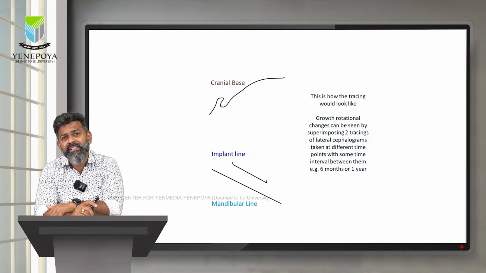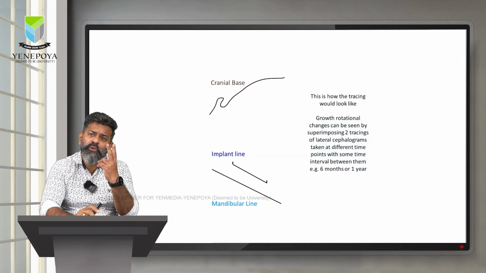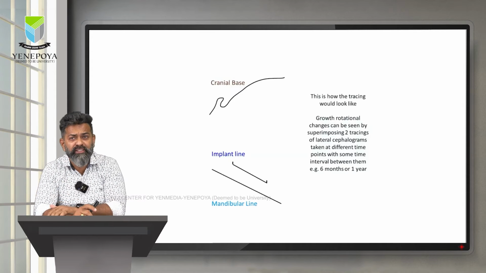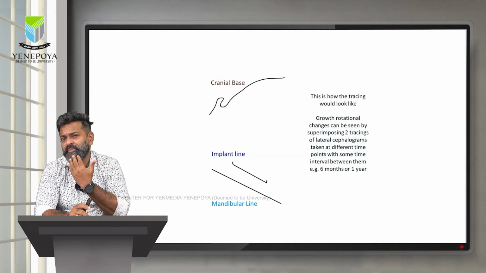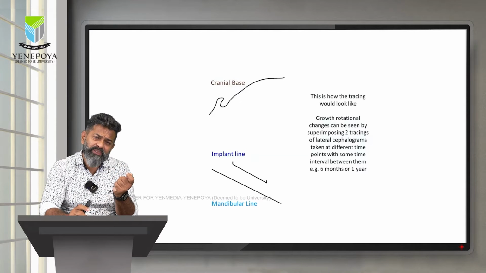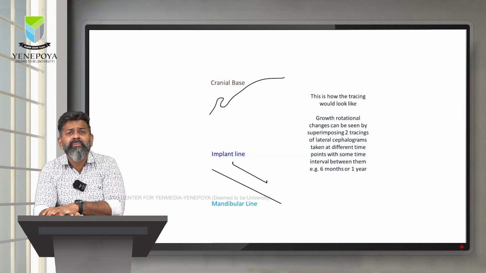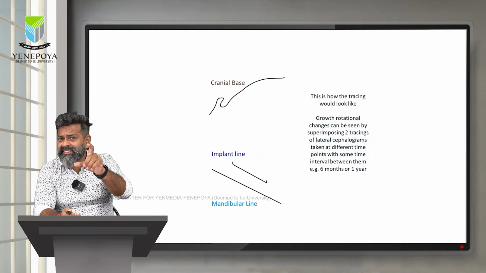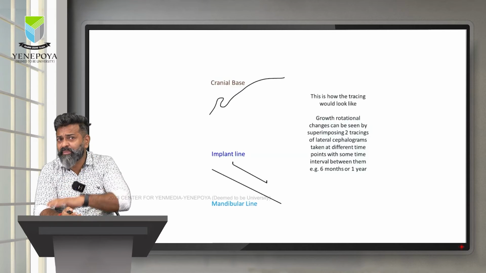Growth rotation changes can be seen by superimposition of tracings of lateral cephalograms that were taken at different points of time, and sometimes the intervals between them were around 6 months to 1 year. So he focused on these three main points.